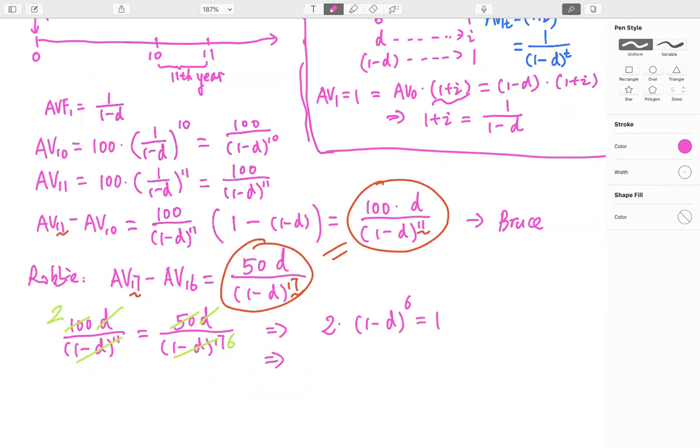That means 1 minus d equals 1 divided by 2 raised to the power of 1 over 6. Right? That is 1 minus d. Eventually, my d is 1 minus 0.5 to the power of 1 over 6. If you have a calculator, that should give you around 10.91%.